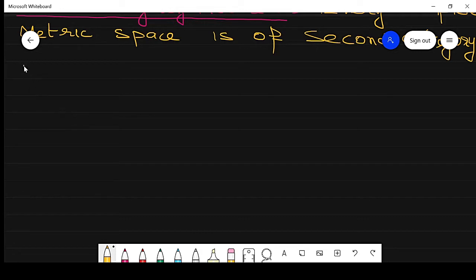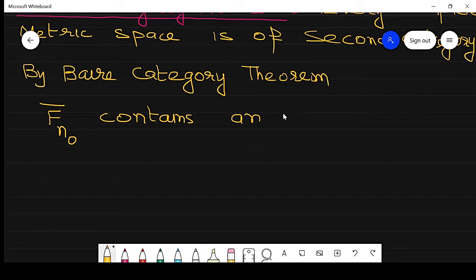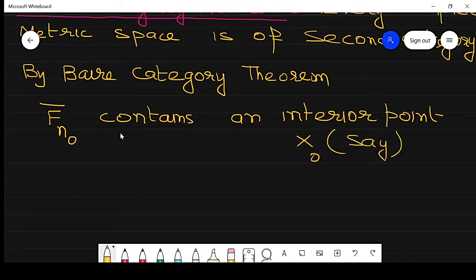So let x naught be that interior point. So the closure of Fn0 contains an interior point.